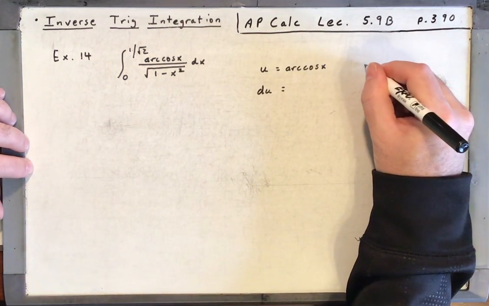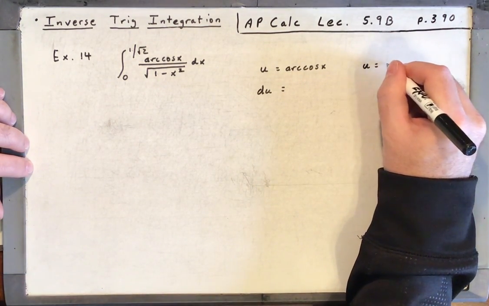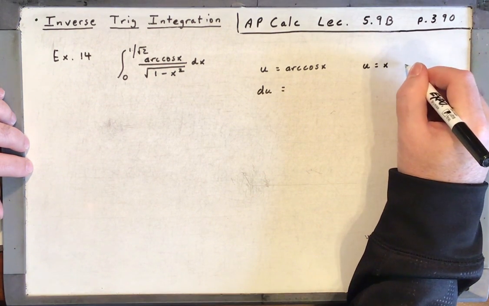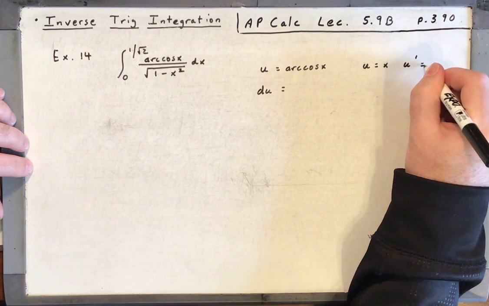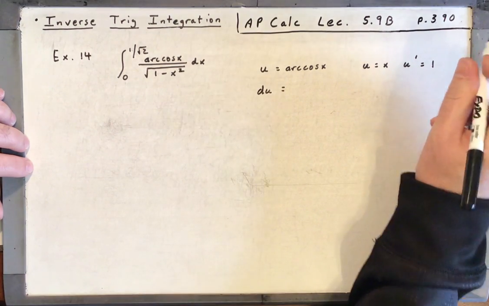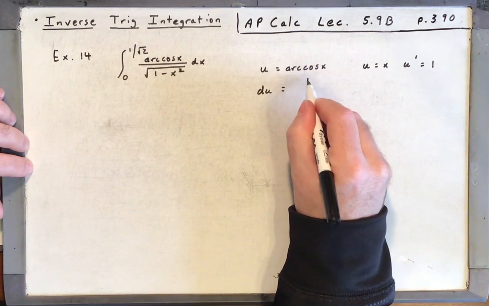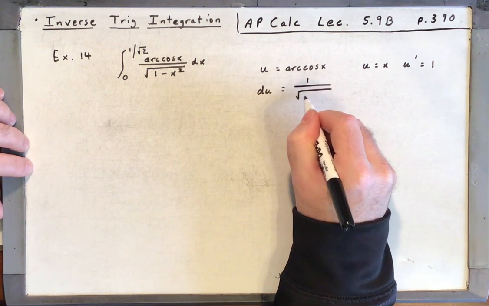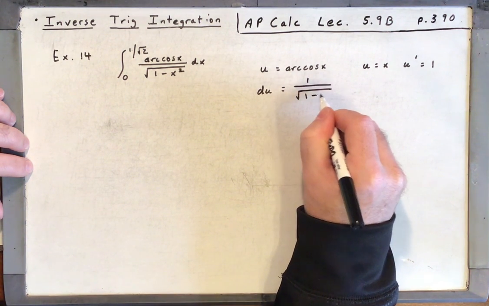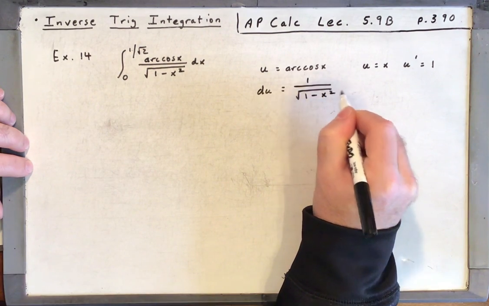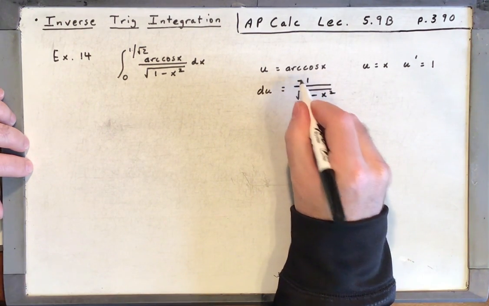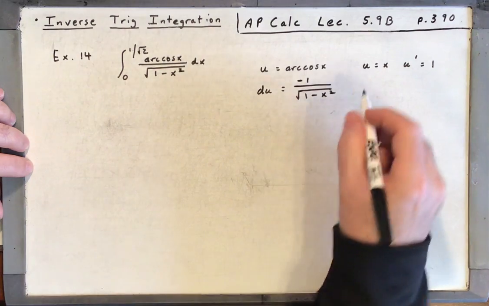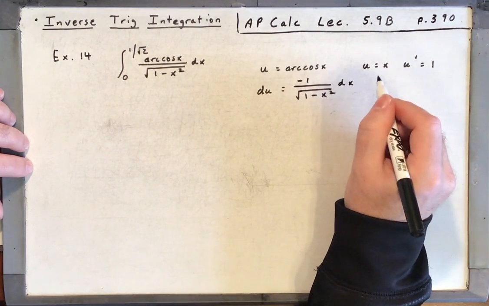So if we let u be x and u prime be 1, we would have 1 over the square root of 1 minus x squared, but it's minus u prime, so it's going to be negative 1 over that dx.